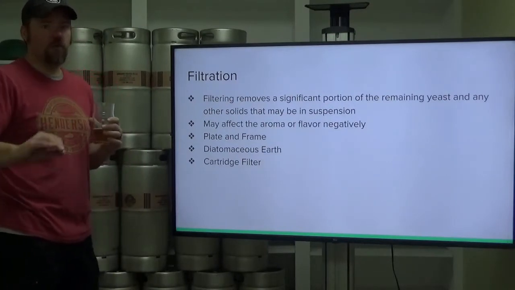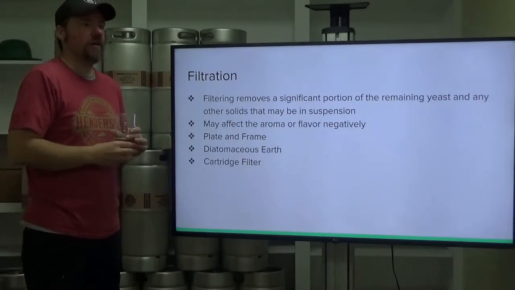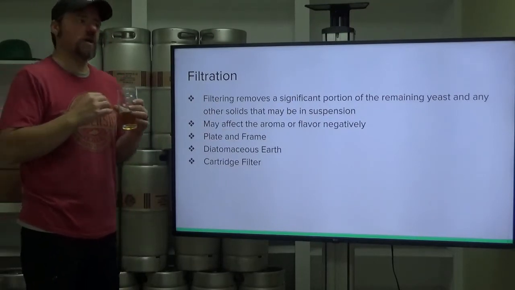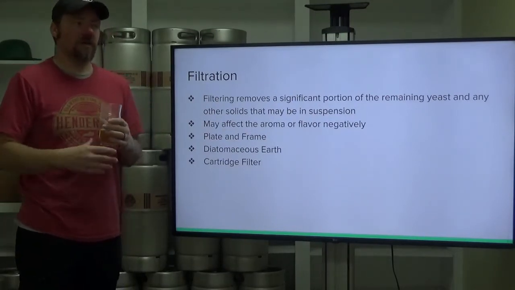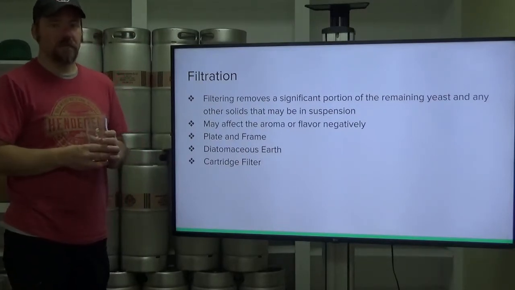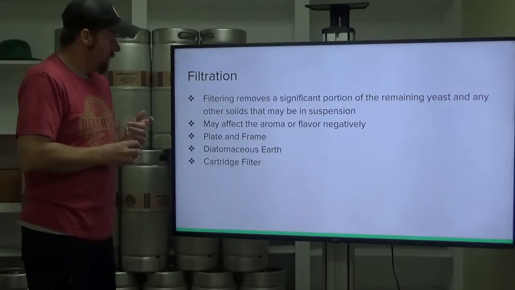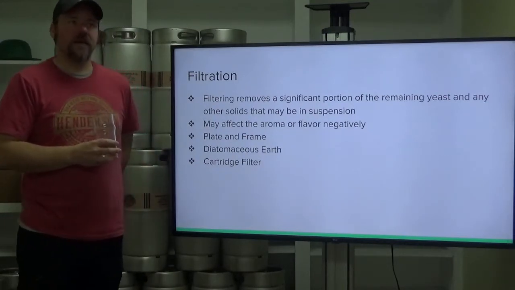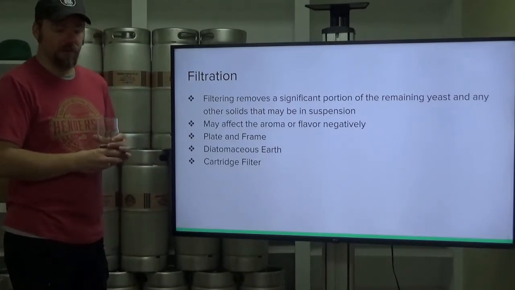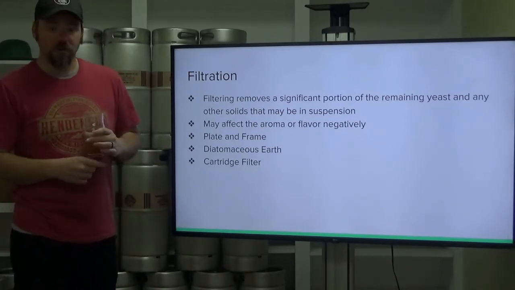If you get your beer too bright, you can affect flavor. If you've got a Hefeweizen, you don't want to centrifuge it as much as a Pilsner, say. But a lot of people do choose to centrifuge their yeasty beers, hazy beers, things like that. It is an effective method of removing particulate material from beer, if you can afford it.